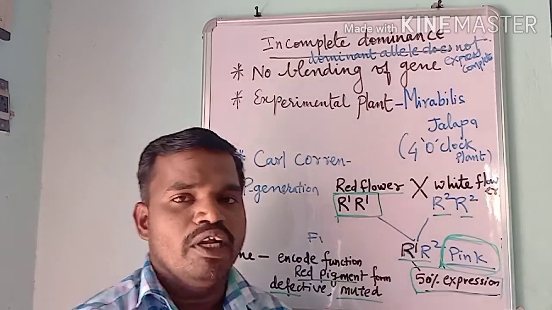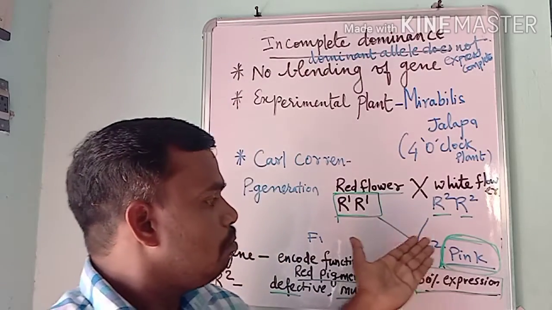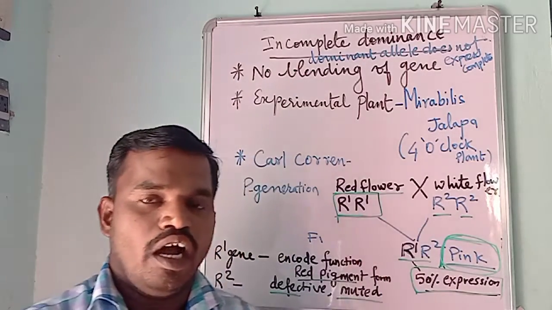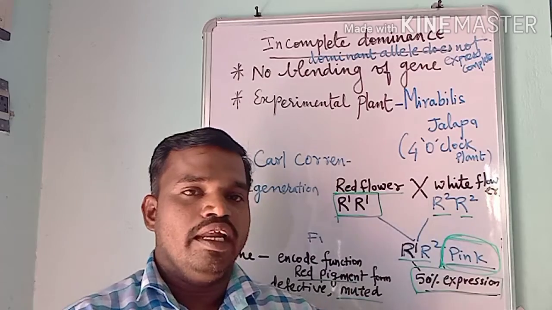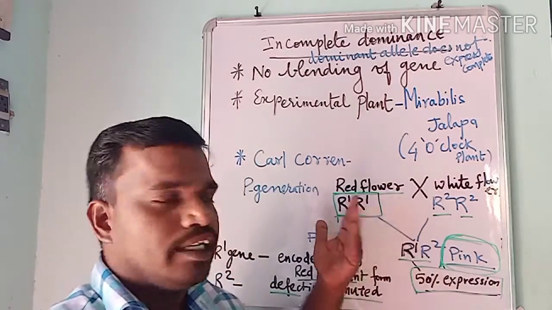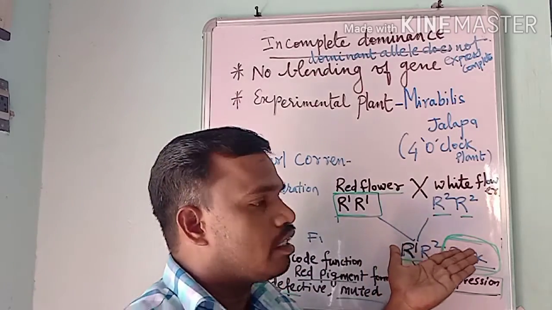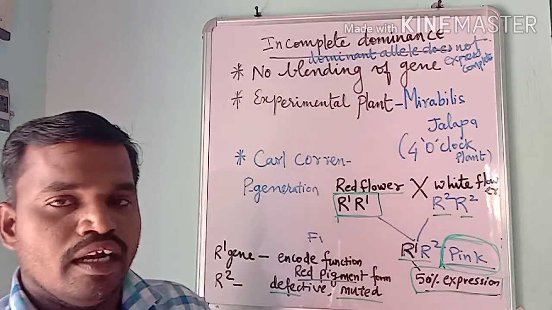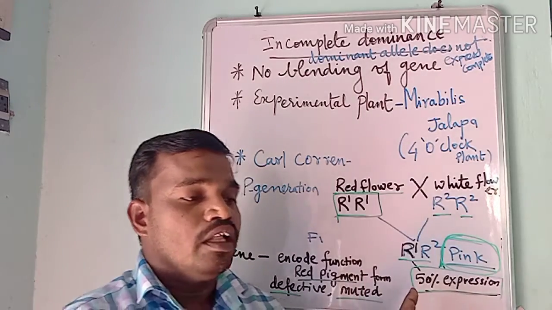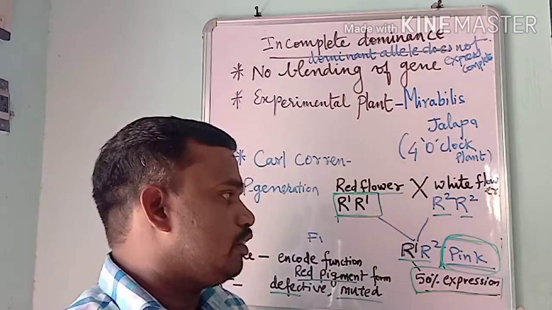In incomplete dominance there is no blending of genes, so the blending inheritance theory is disproved. An intermediate color is formed because of the dominant allele expressing in a 50% ratio.